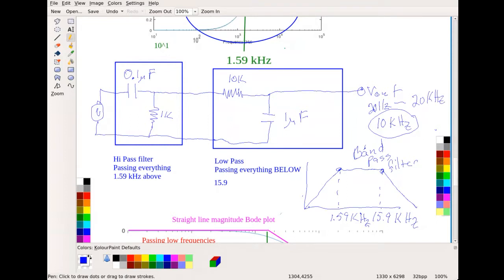And of course the frequencies aren't quite correct either there, but hopefully you get the idea. We get to pick what the R's and C's are, right? We can pick those. And so therefore we can build a filter with any values that we need.